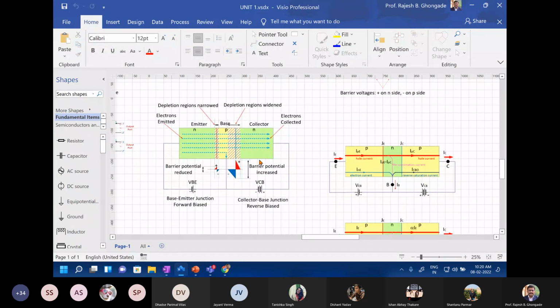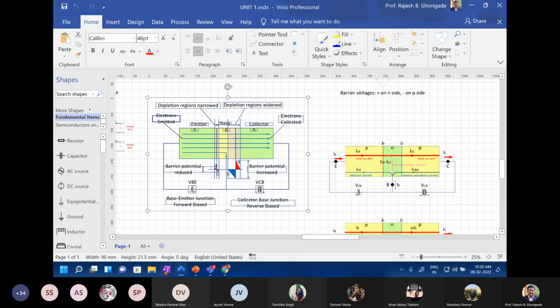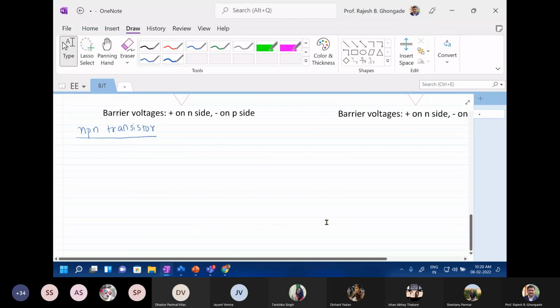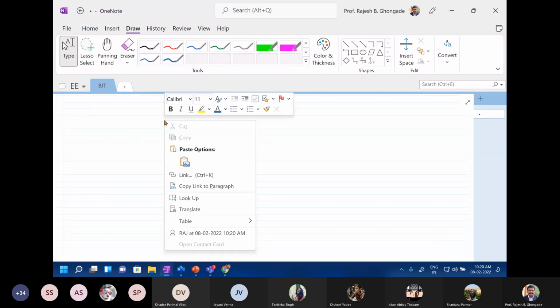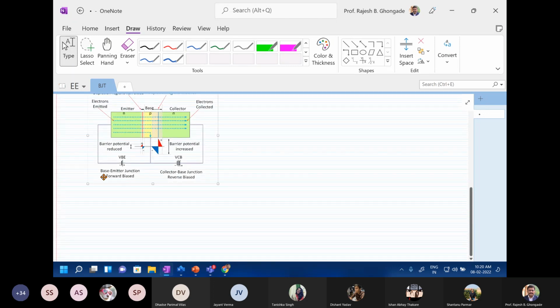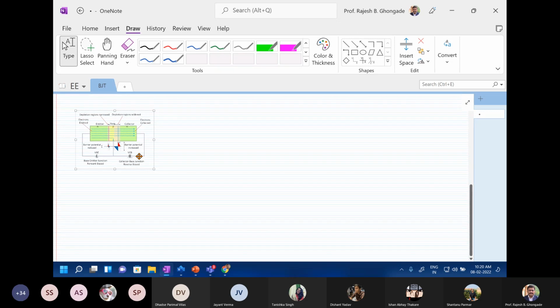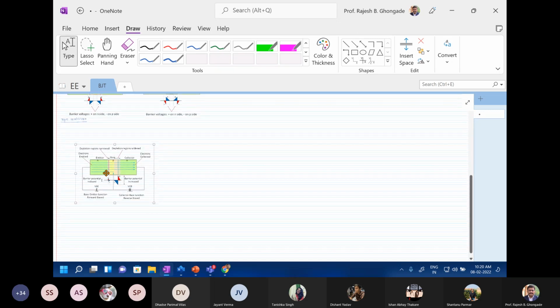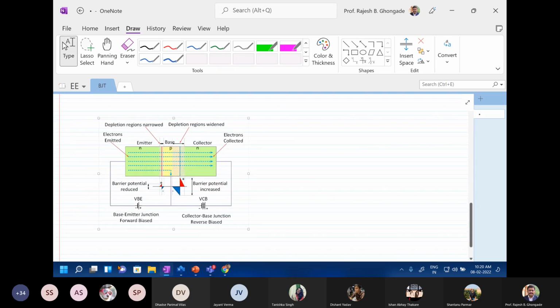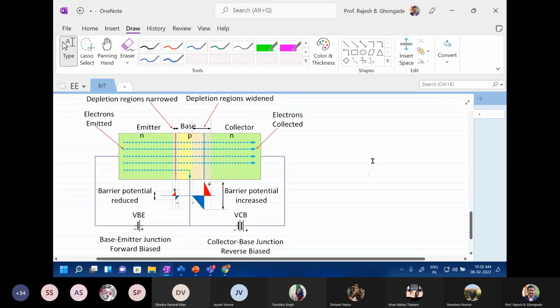So let me just get this figure. Okay, is the figure visible to all? Yes, sir.